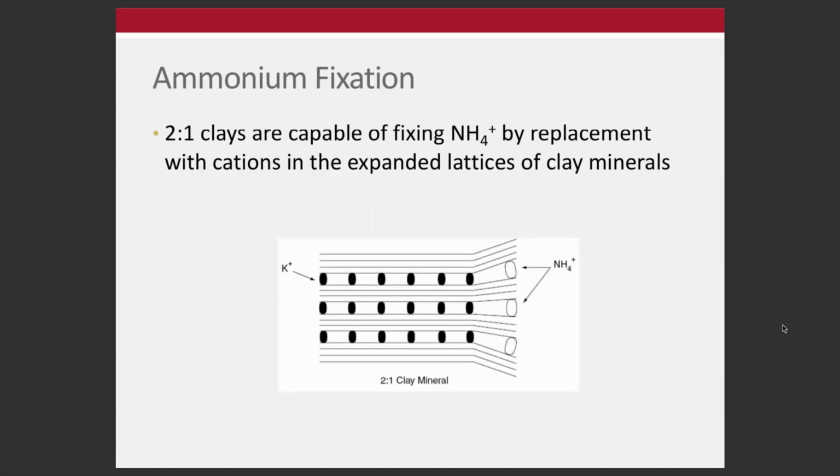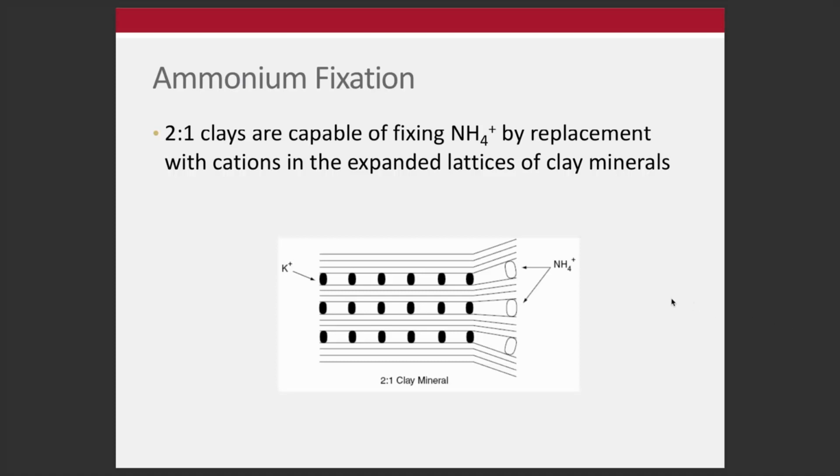All right, now let's think about ammonium fixation. We mentioned this a little bit earlier, but this is when 2 to 1 clays are capable of fixing ammonium by replacement. So this goes back to some of the concepts we talked about in the first or second week with clay lattices and clay layers and being able to trap cations in there.